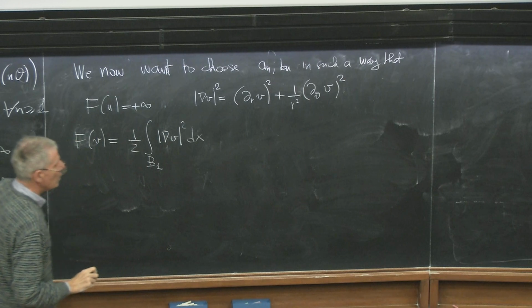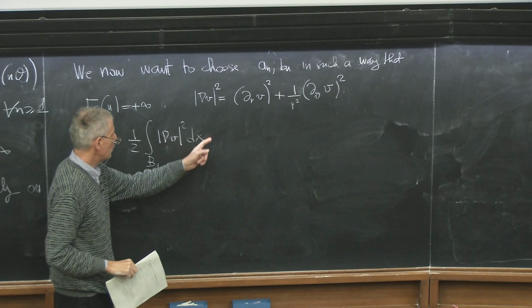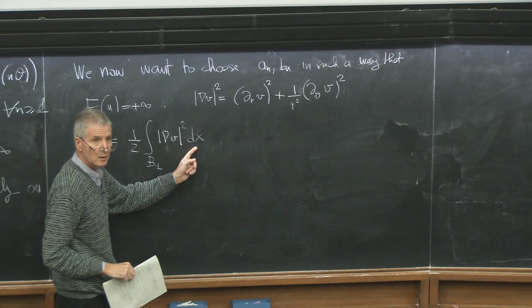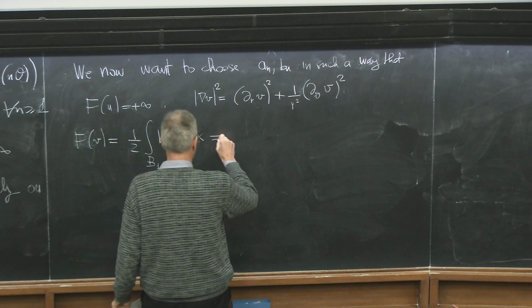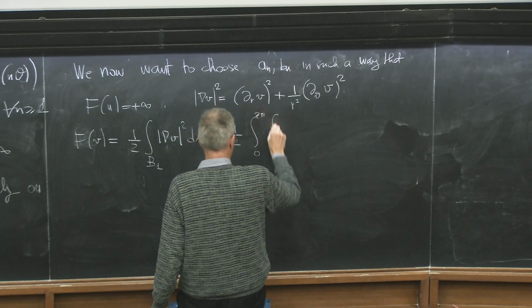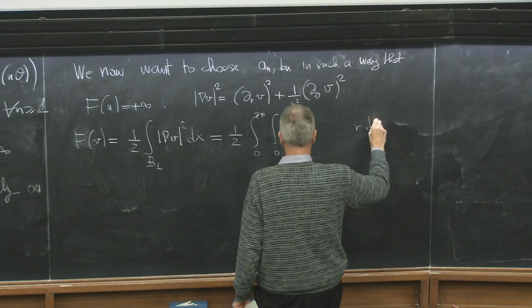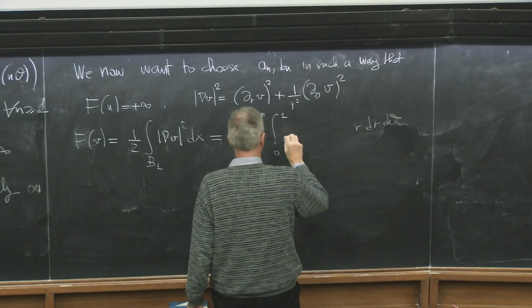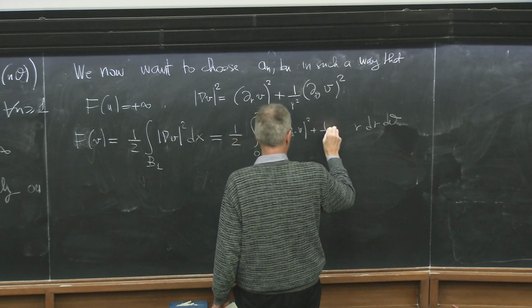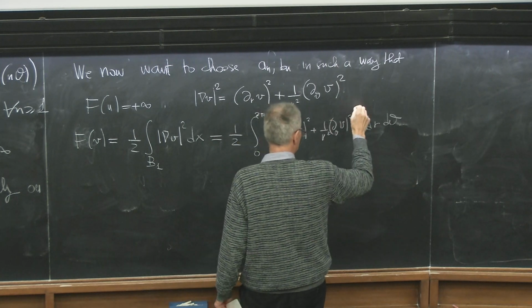Okay, so when we want to write our energy in polar coordinates, we have, of course, to put here a Jacobian determinant, which is r. So we will have to work with this object here.